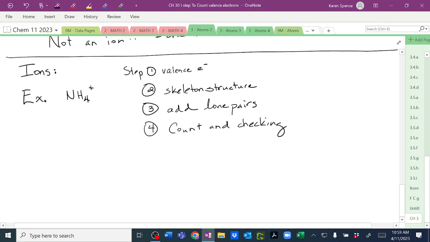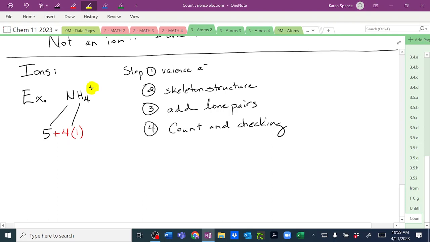So, valence electrons. We have nitrogen. How many valence electrons does nitrogen have? Group 15 has 5. We have hydrogen, and we have 4 of them, and each hydrogen has 1, so we're going to add 5 plus 4. Now, here's the tricky bit.